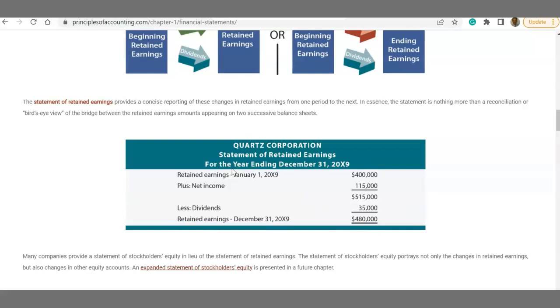In the last 12 months, the beginning retained earnings was $400,000 plus net income of $115,000, less dividend of $35,000, gives you ending retained earnings of $480,000. Cool? This is how you calculate your ending retained earnings in the statement of retained earnings. Report number 2. Questions?